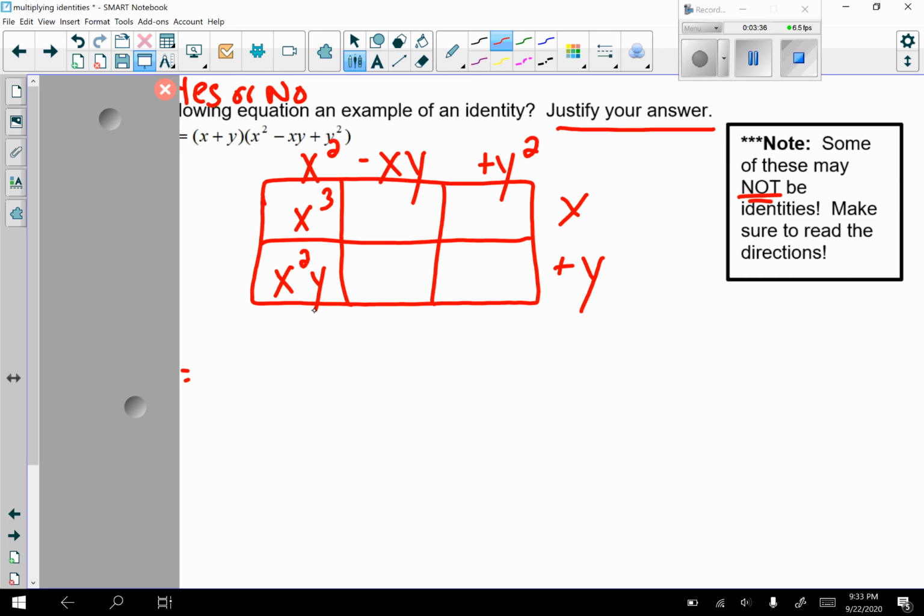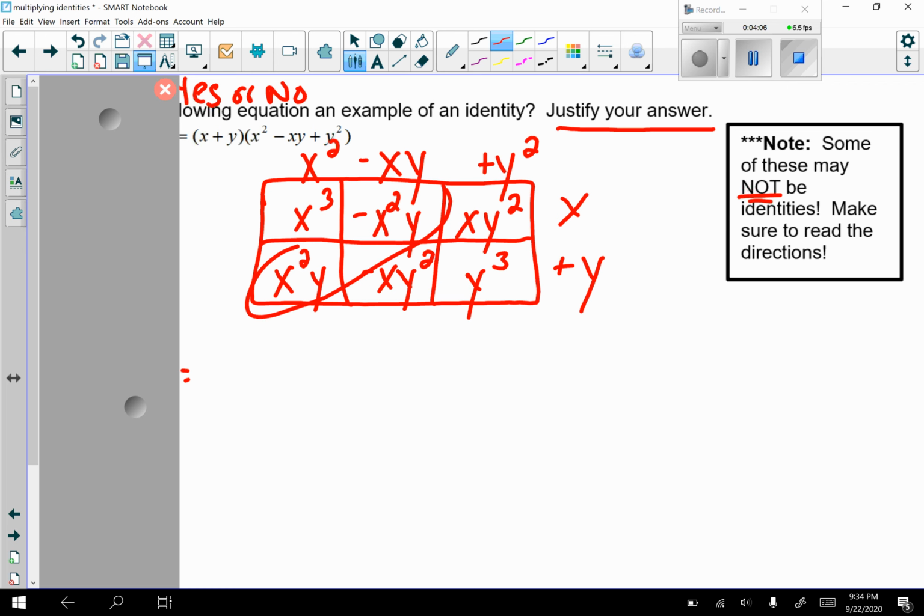Negative xy times x is negative x^2y. Negative xy times y is negative xy^2. Y squared times x, keep it in alphabetical order, just makes it easier, is xy^2. And then I have y squared times y is y^3.